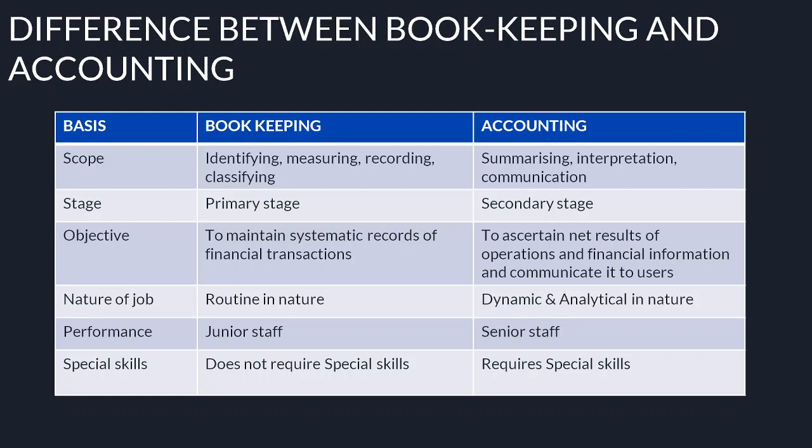The next basis is special skills. Now, since bookkeeping is mechanical in nature, it is a routine work, therefore it does not require special skills. That is why it is performed by junior staff. Whereas accounting requires special skills and the ability to analyze and interpret. Since it is dynamic and analytical in nature, therefore it is performed by senior staff. So the special skills are required in case of accounting.